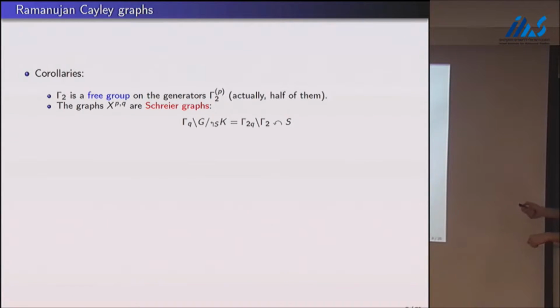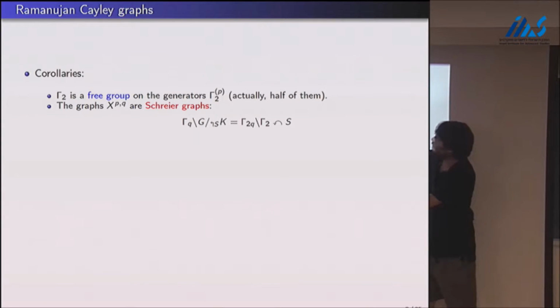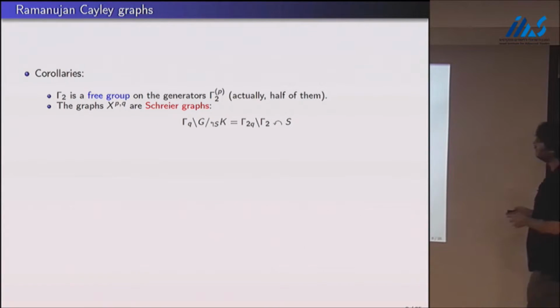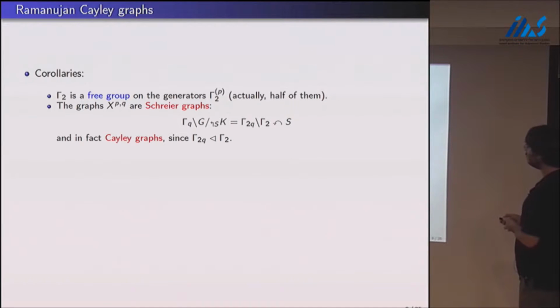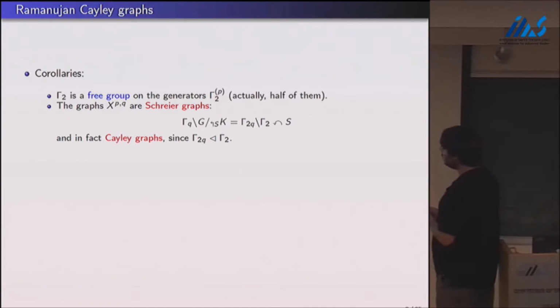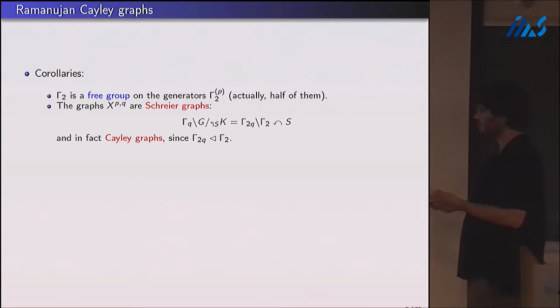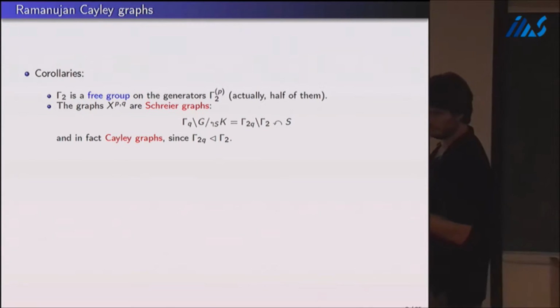And we got that the LPS graphs, these Ramanujan graphs, are actually Schreier graphs. So earlier we had double coset spaces with the action of s squeezing in annoyingly in the middle. And now we got rid of K, we replaced G mod K by Gamma 2, and s acts nicely from the right. So these are really Schreier graphs, and actually they're also Cayley graphs, because you take congruence subgroups, so Gamma 2 mod Gamma 2(q) is again a group.